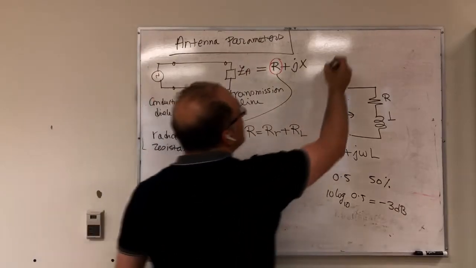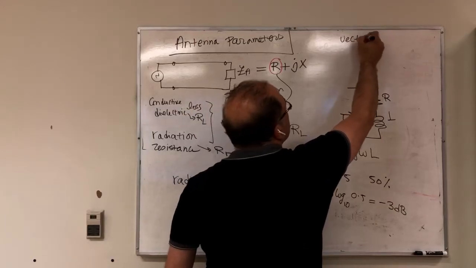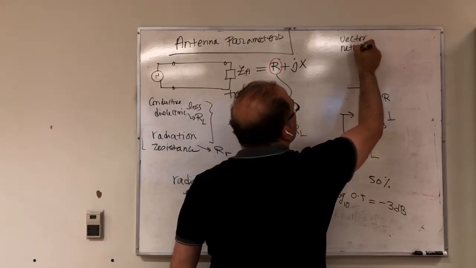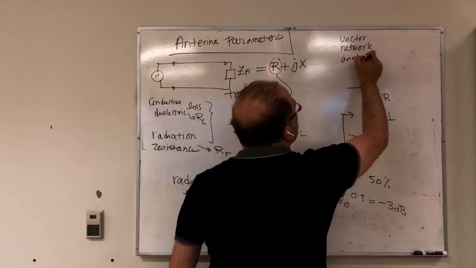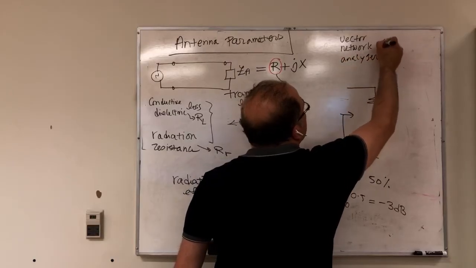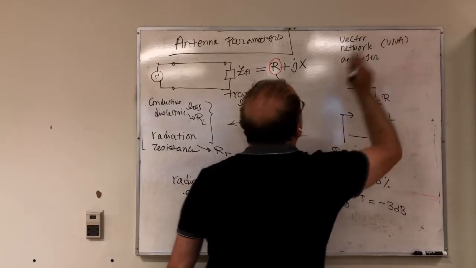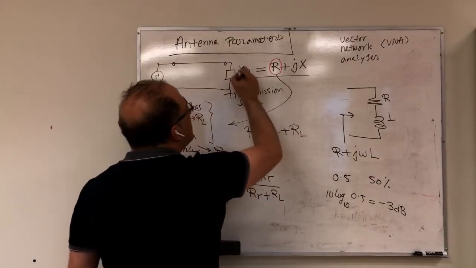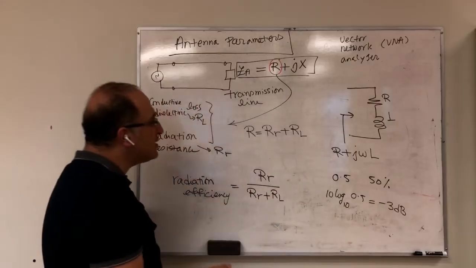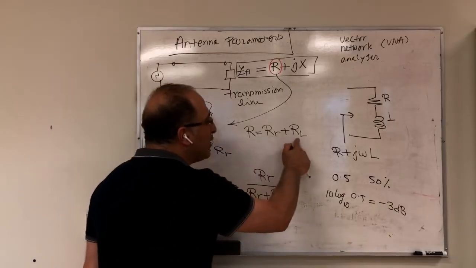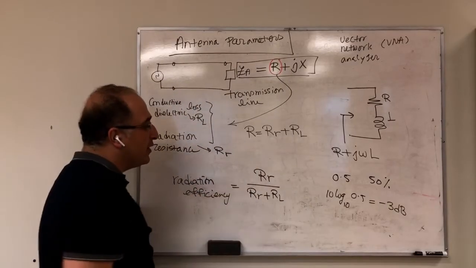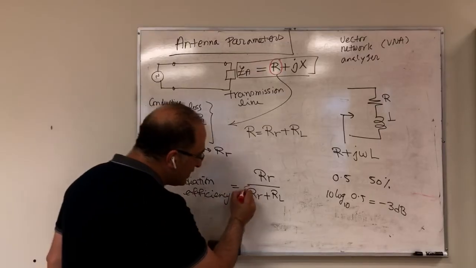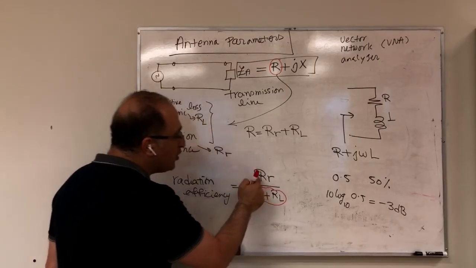So let me write it here. You have already seen this device in other courses. So we usually call it VNA. So when you connect the antenna to the VNA, it gives you this number. But the VNA doesn't give you RR and RL. It just gives you R. So you essentially have this number, but you don't know RR.